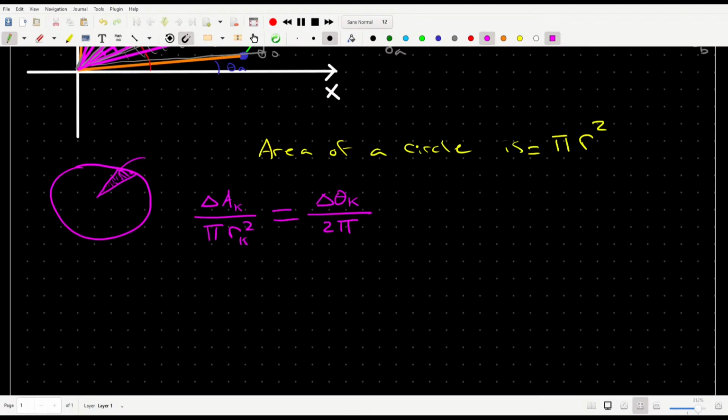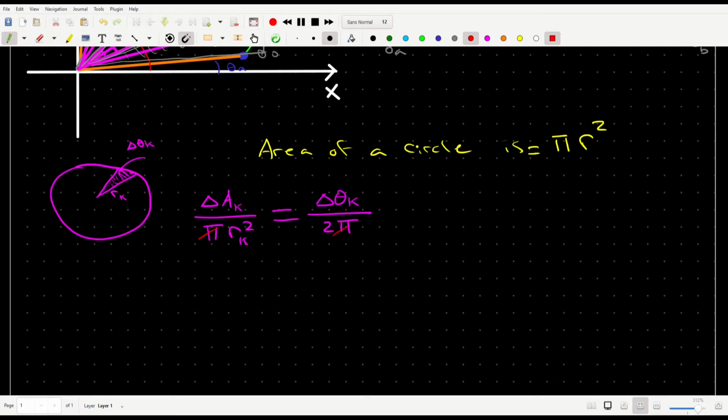This is essentially saying that the area of this segment divided by the total area of the circle has to equal the angle of this segment divided by the angle around the entire circle.